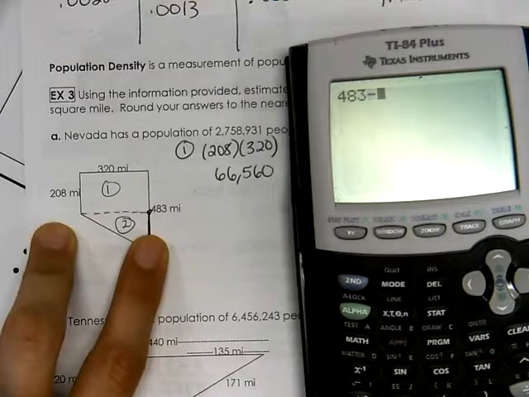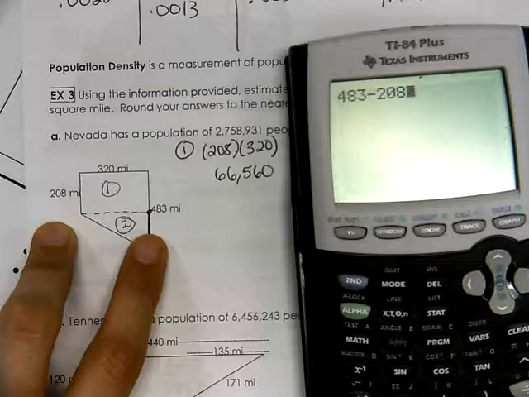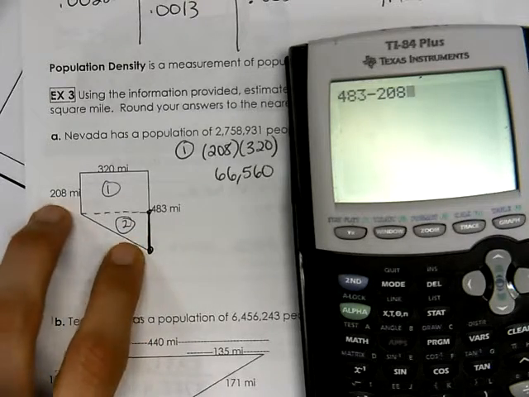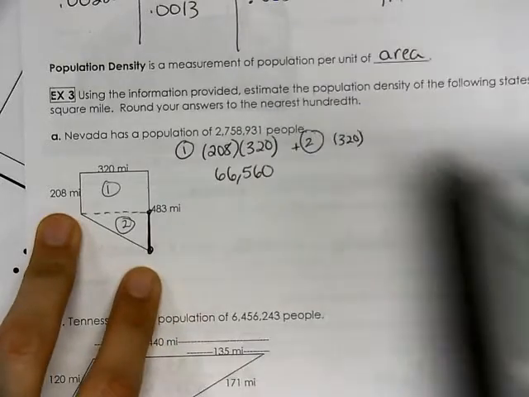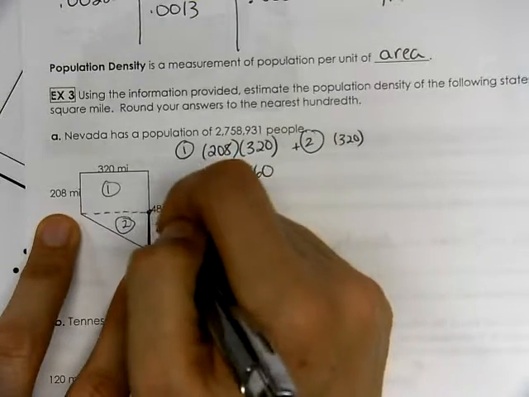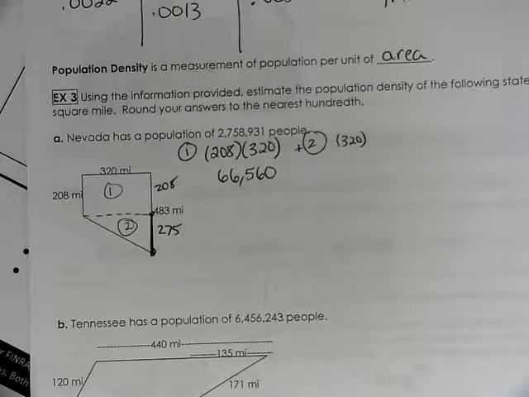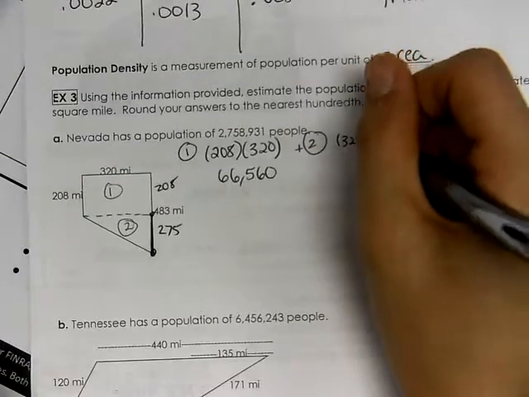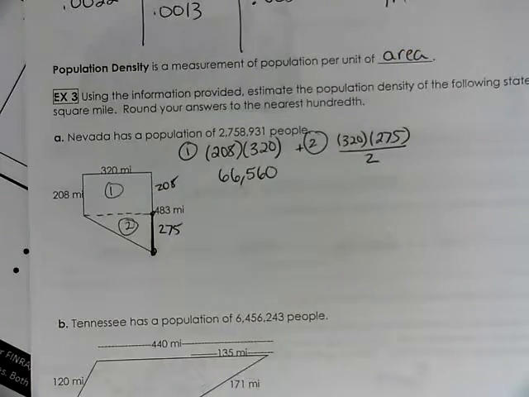Do 483 minus 208. It's not cut in half. A lot of you guys made that mistake on the quiz or the homework where you just cut it in half. So from here to here is 275 because this is also 208. Makes sense?